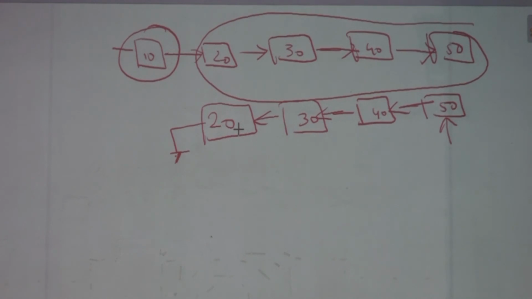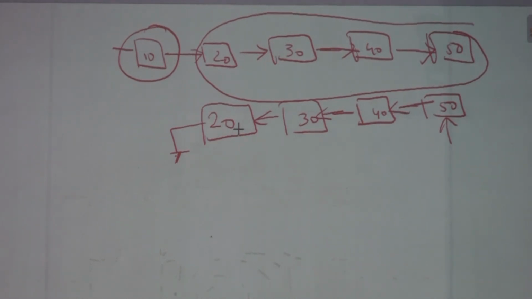T's next was 20 earlier. But I did reversal on that. Now I know I have to manipulate T's next, which I have preserved. So the new next of T is me.